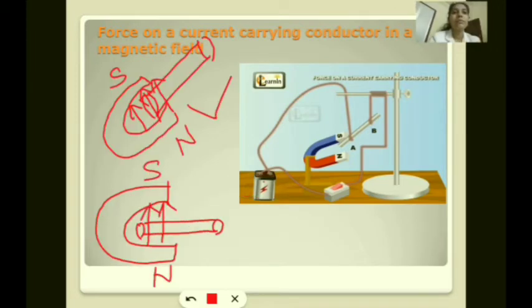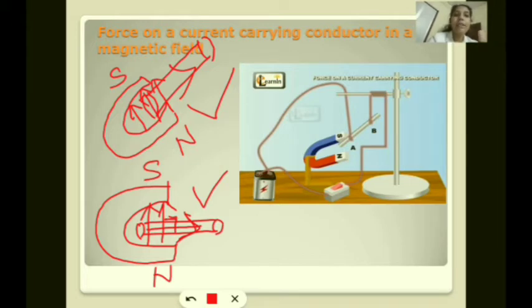Okay, just look at these two figures. In the first figure, let this be the direction of current. So the direction of current through the conductor is not perpendicular to the magnetic field, right? But what about the case in the second figure? See, here in the second figure, this is the direction of current, and this direction is perpendicular to our magnetic field, right?